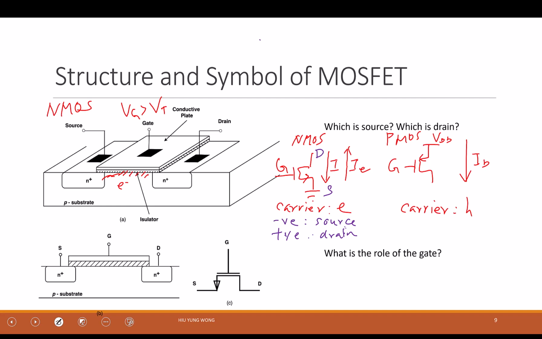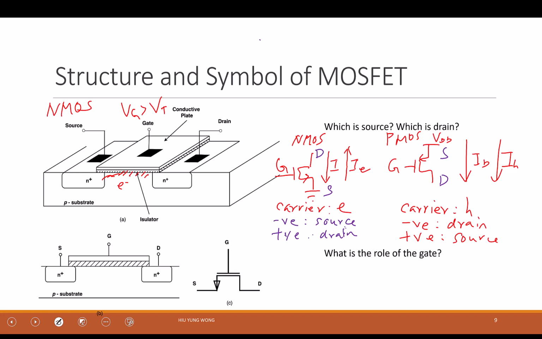So where does the hole come from? Higher potential, right? Because hole is positive. So as a result, the negative terminal is the drain, and the positive terminal is the source. In this particular case, this is source and this is drain.